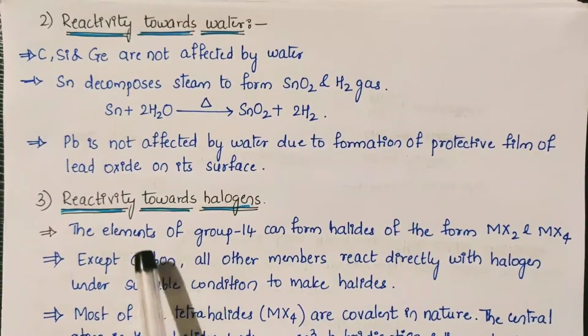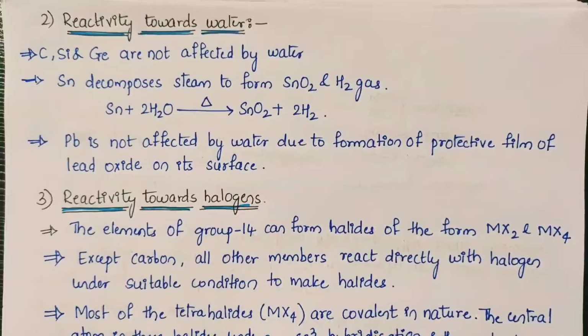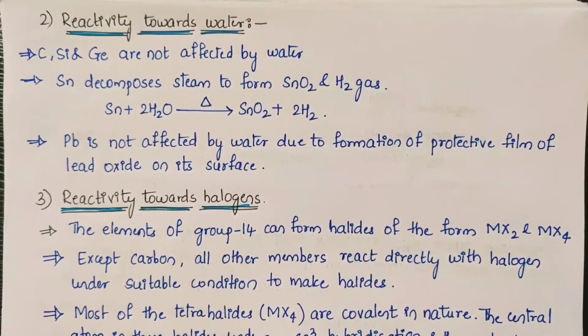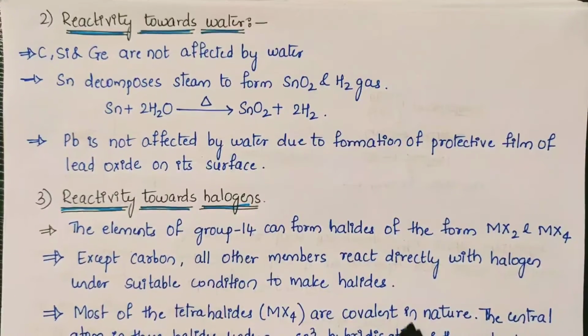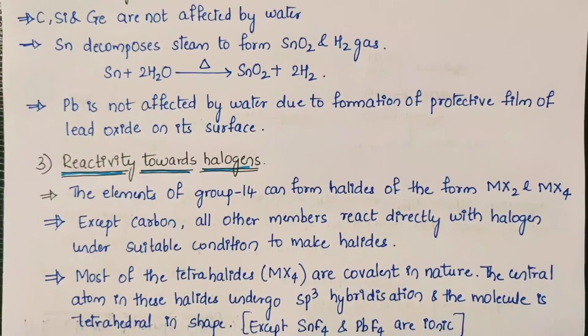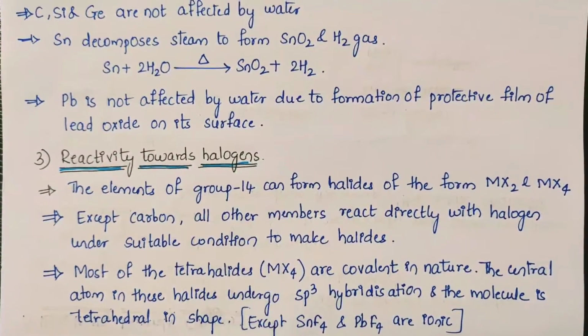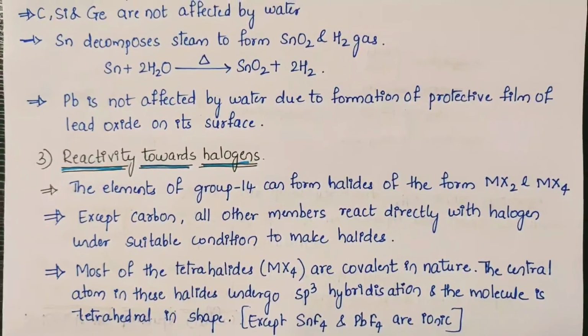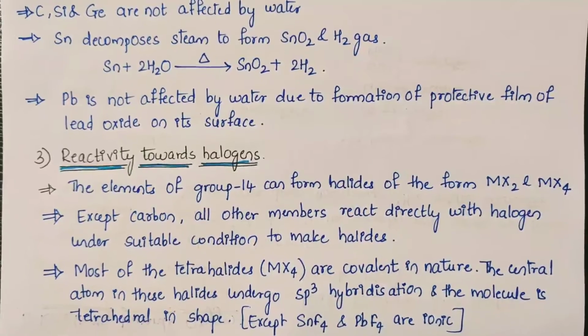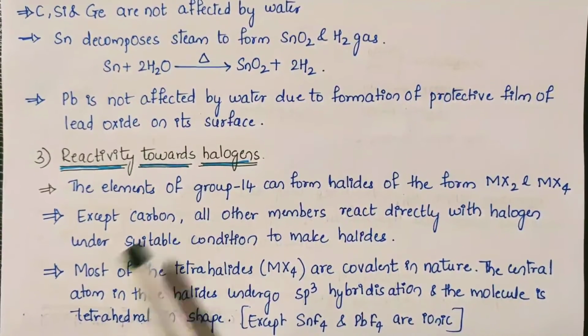Next, reactivity towards halogens. Elements of group 14, when they react with the halogens, form two kinds of halides, MX2 and MX4. Except carbon, all other members will react directly with halogens under suitable conditions to make halides. So carbon does not directly react with the halogens.